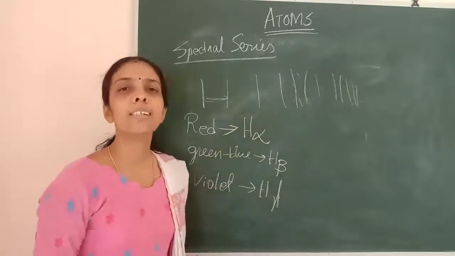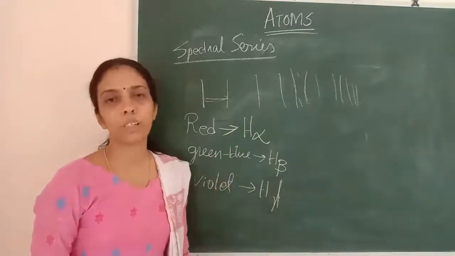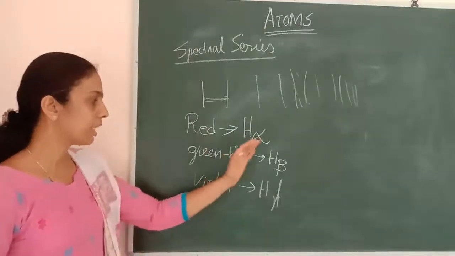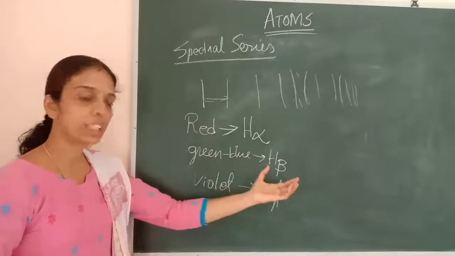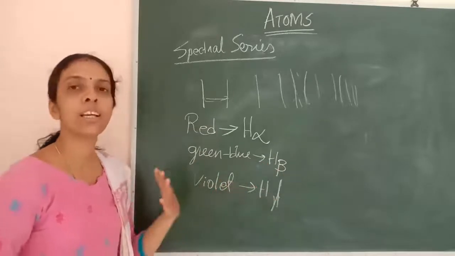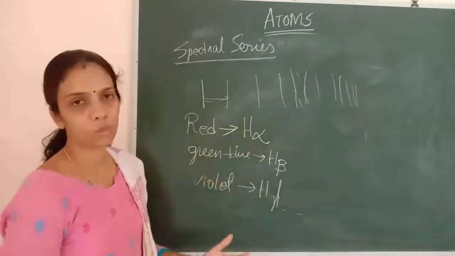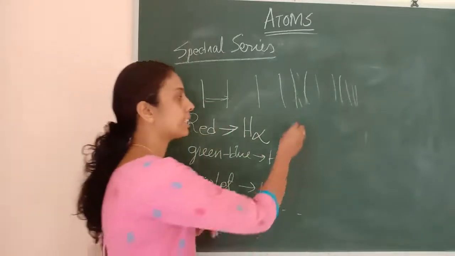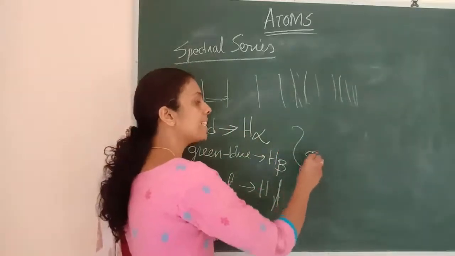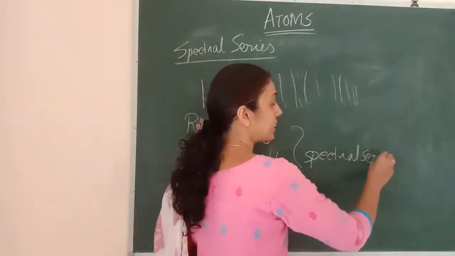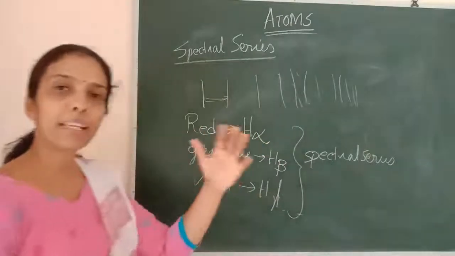So this red line H alpha, green-blue line H beta, violet line H gamma, and like that many spectral lines are obtained. These spectral lines together are called the spectral series.